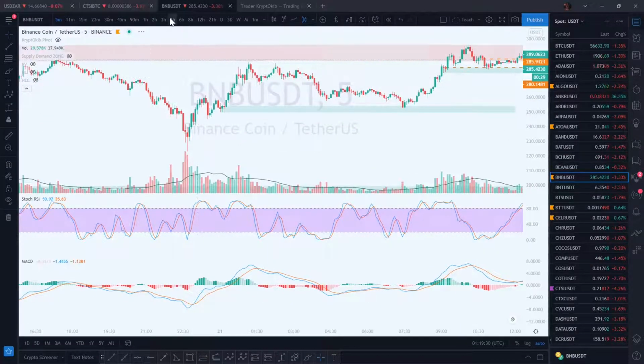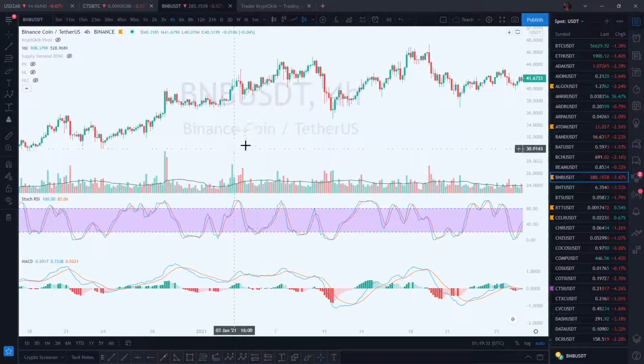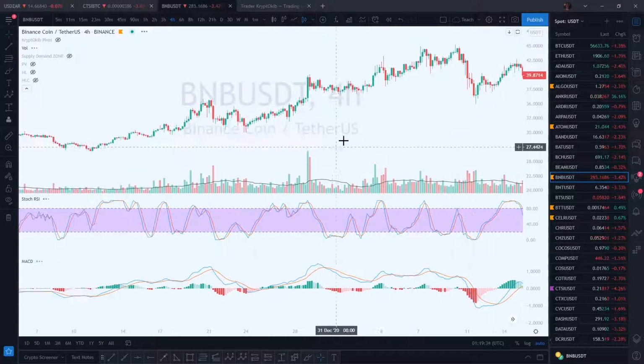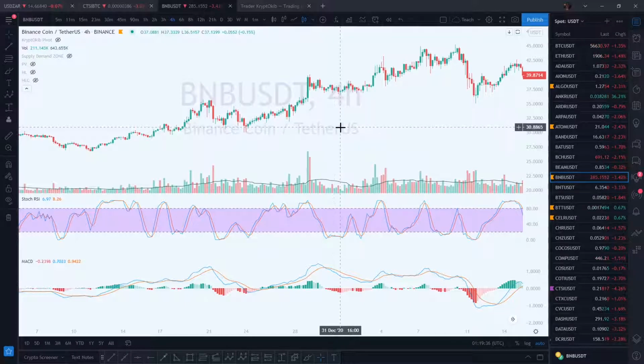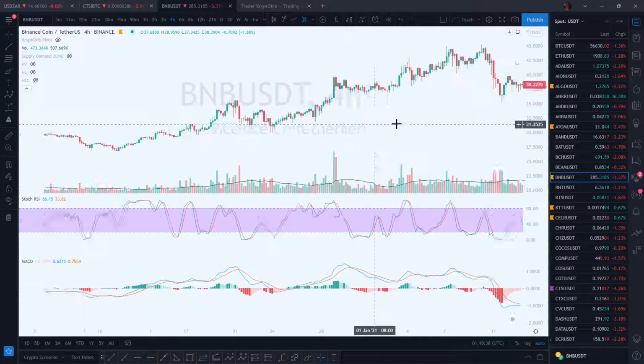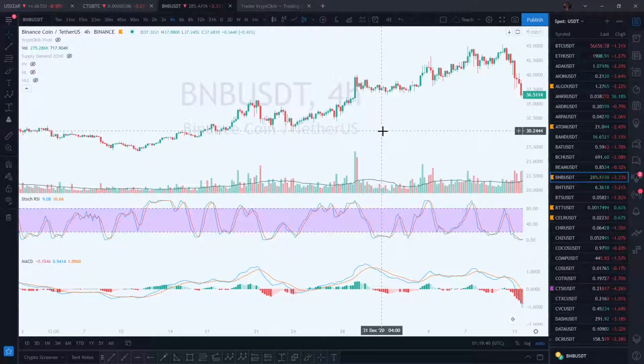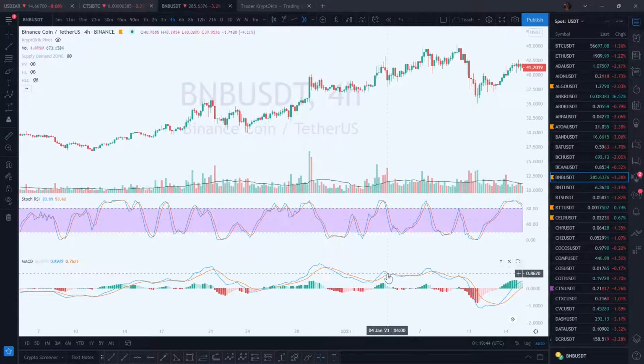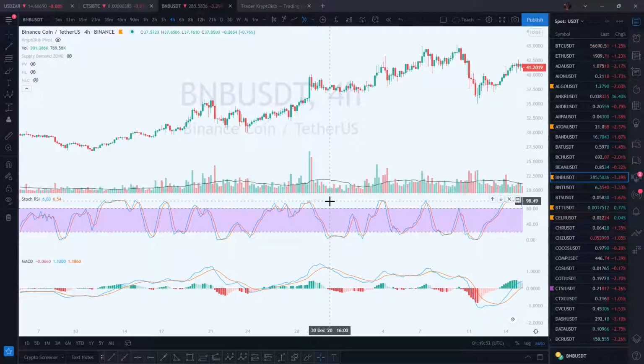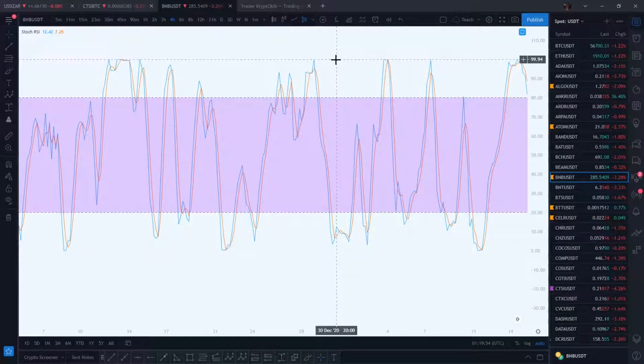Let me go on to the 4 hour and see if I can catch one quick thing. There is divergence on MACD here to here to here, and here to here we have a higher high in price, and on here do we have a double top, I think.